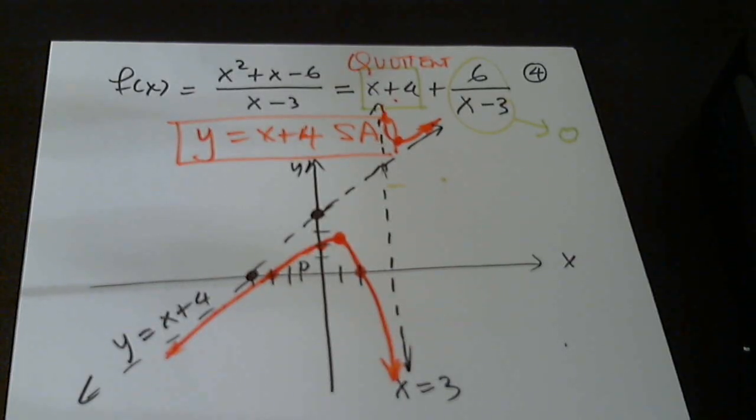The graph of this rational function obtained with the graphing utility is shown here, and they're giving us the viewing window: 0, 10 with a tick of 1, and 0, 3 with a tick of 1.